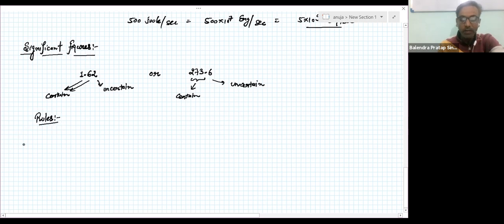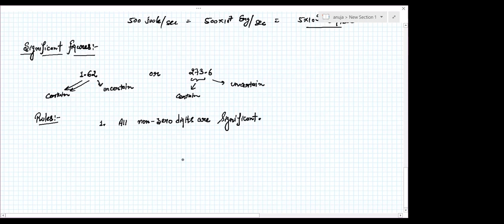Rule number one says that all non-zero digits are significant.